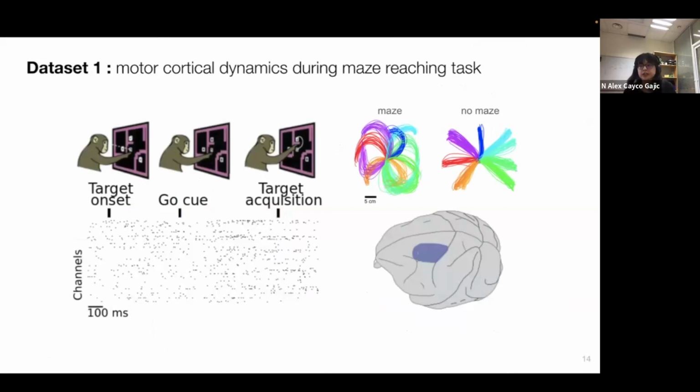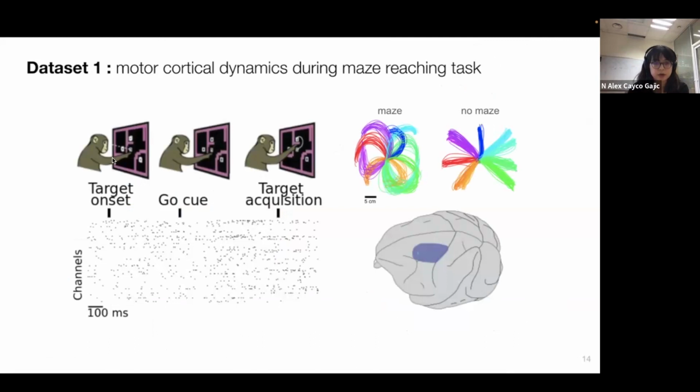Okay, so in the interest of time, I'm going to show two different applications to data. The first is to a motor cortical data set, which is from Mark Churchland's lab. This is in the Neural Latents Benchmark website.